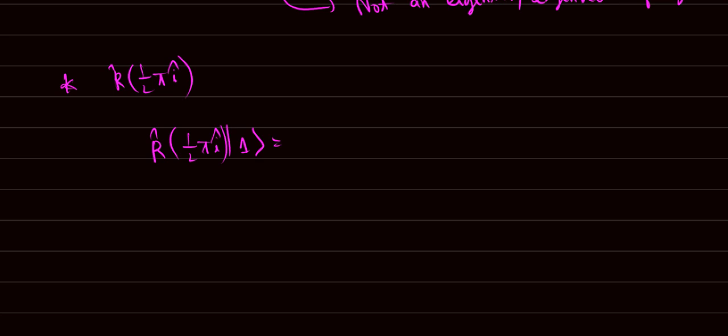The unit vector in the x direction is unchanged, and we got this. So these are examples where the eigenvalue is 1.